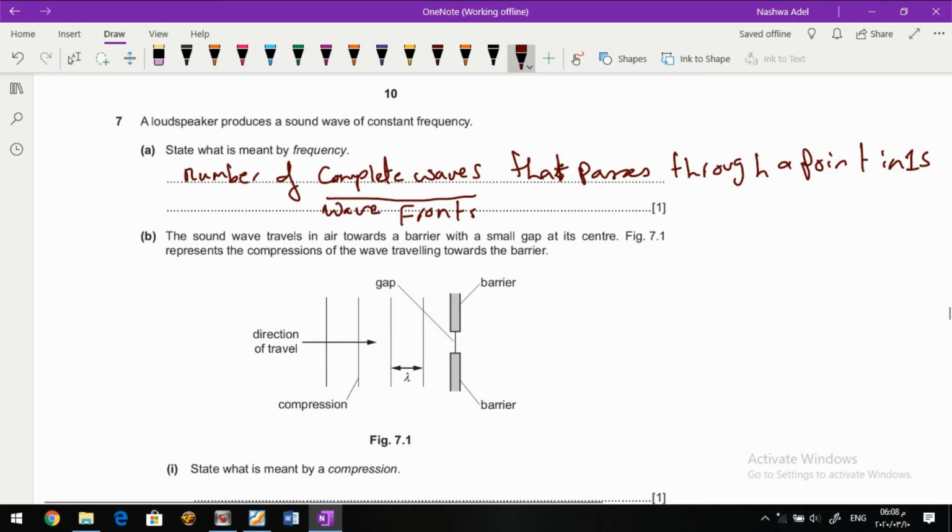Compression is an area of the wave in which the particles of the medium are very close to each other, or an area of the wave in which the pressure is high or the density is high.